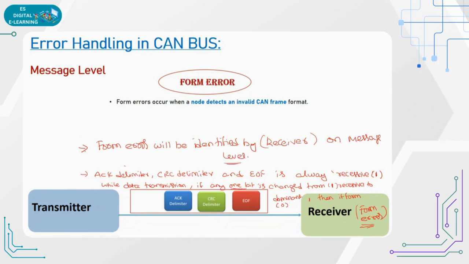This is one more point you should write down. These are the two important points. The first point you need to give this, and the second point is to understand. Is it clear? What is the message form error?